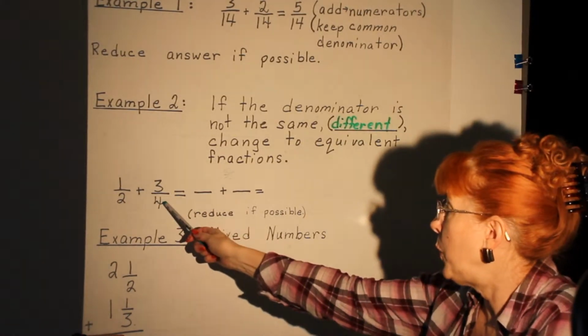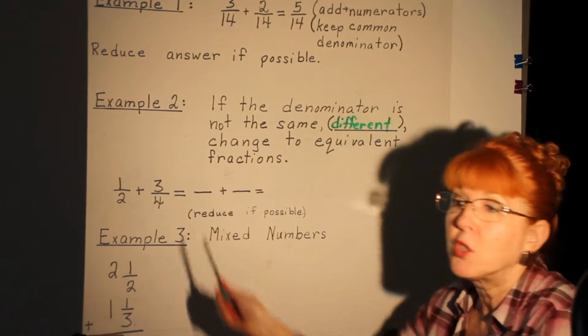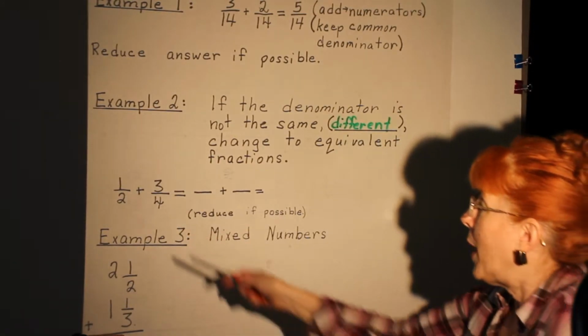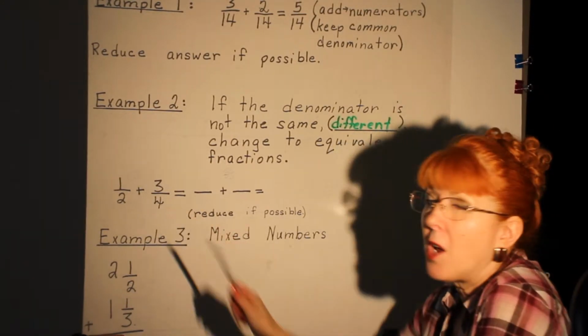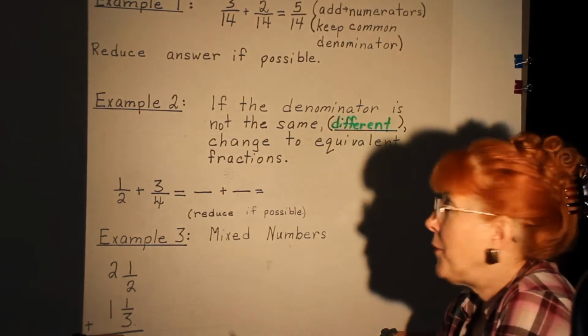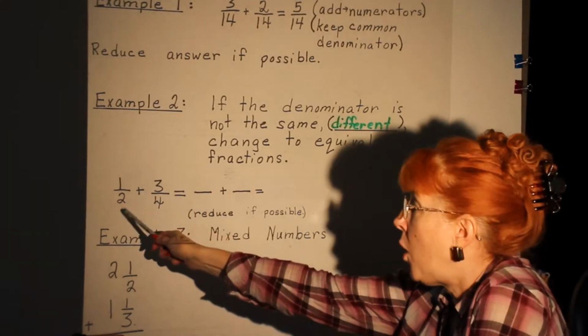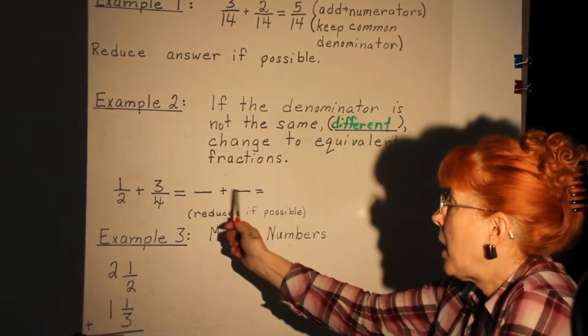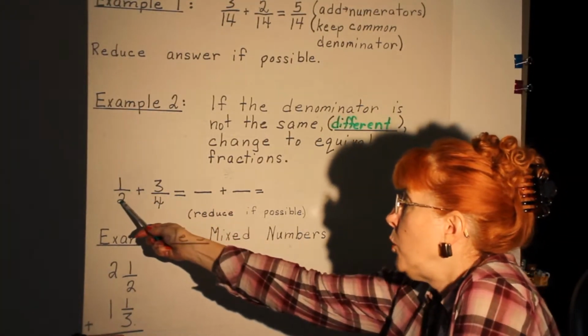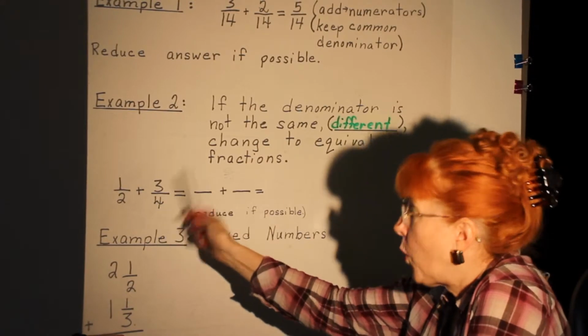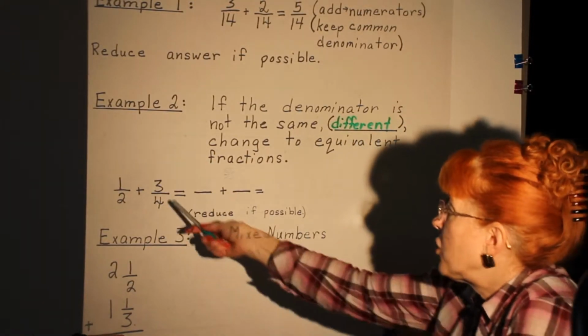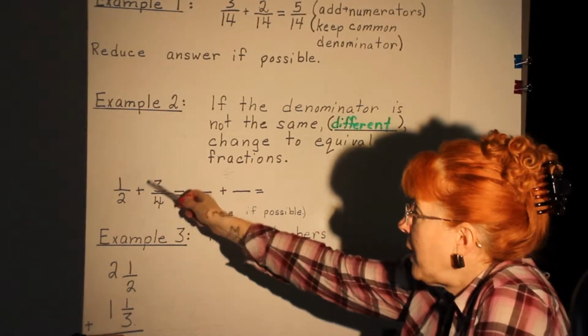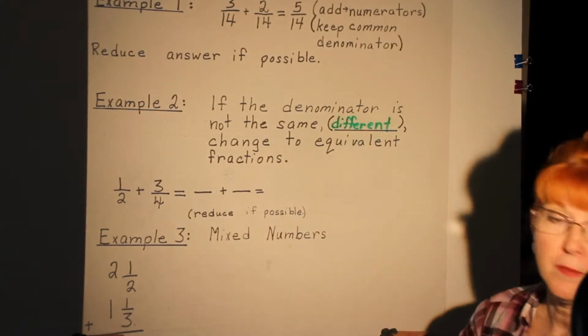And so we don't have the same denominator, so we need to find one. You have to look at all the denominators in your question and find a common one where all the denominators will divide evenly into that example. So in this case, 2 will divide evenly into 4, 4 will divide evenly into 4. So we can just use 4. In this case, 3/4 won't change.